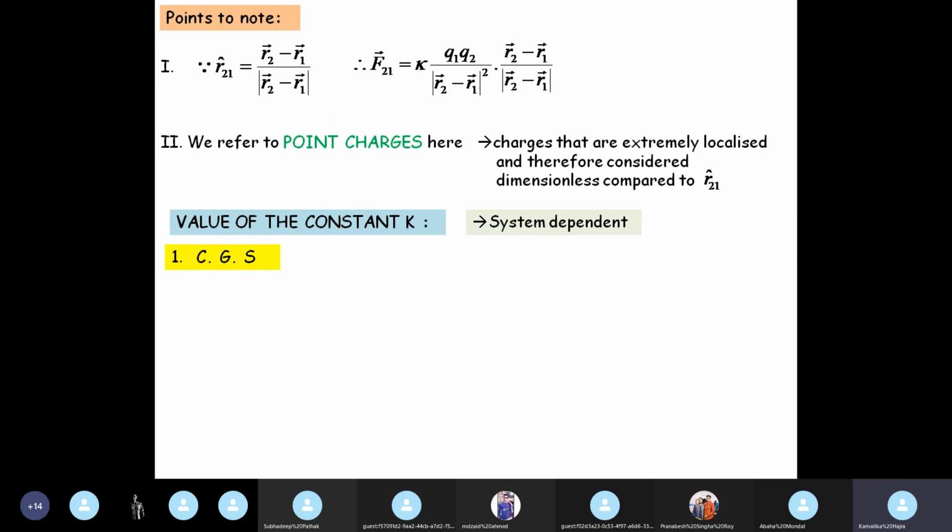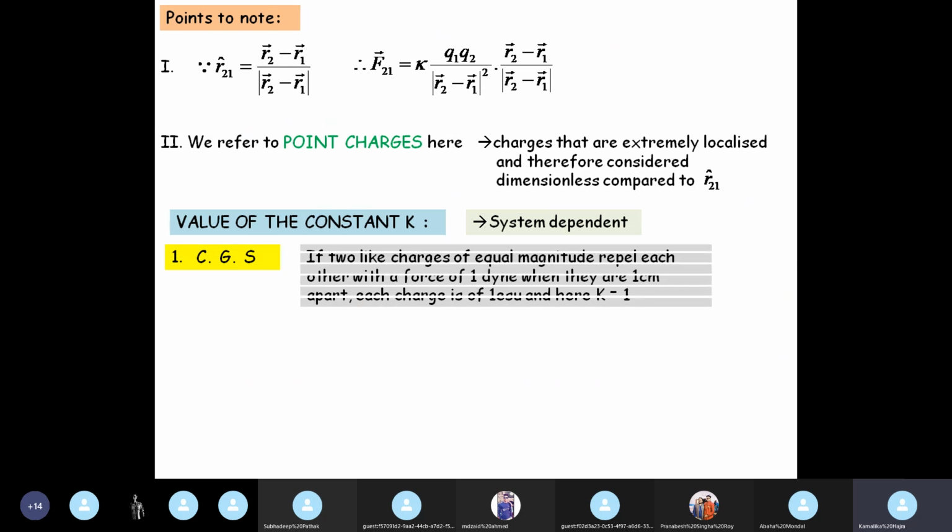Now we'll first calculate the value in CGS system. So if there are two like charges of equal magnitude and they repel each other with a force of 1 dyne when they are 1 centimeter apart, each charge is of 1 electrostatic unit. The unit of charge in CGS system is ESU, and then you can see kappa is equal to 1.